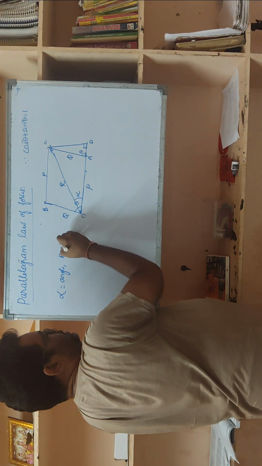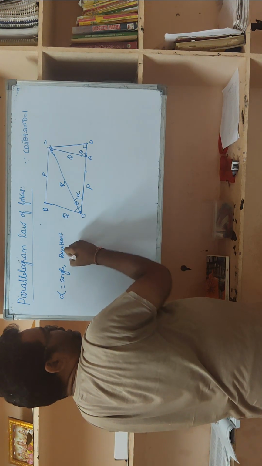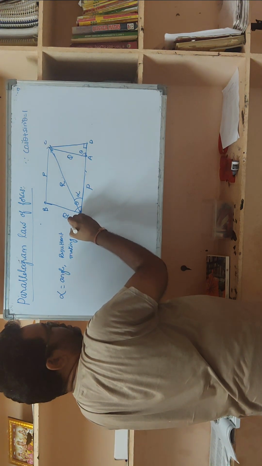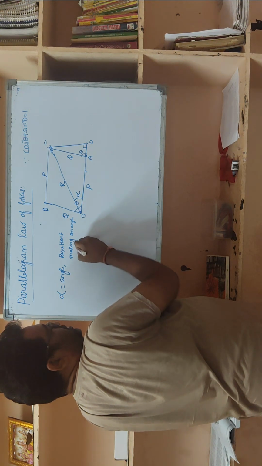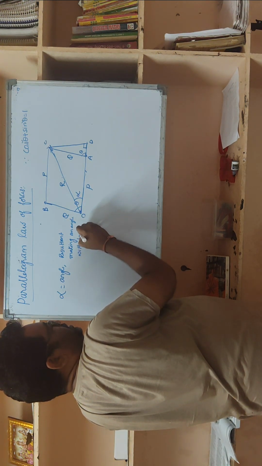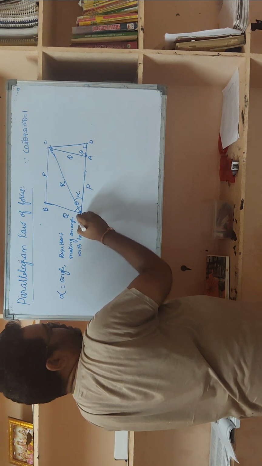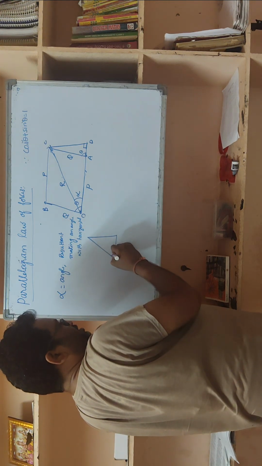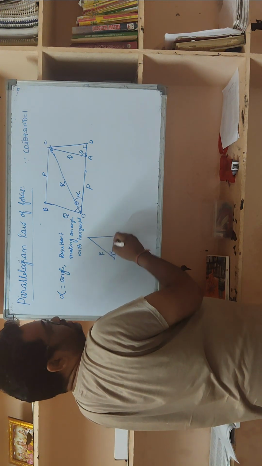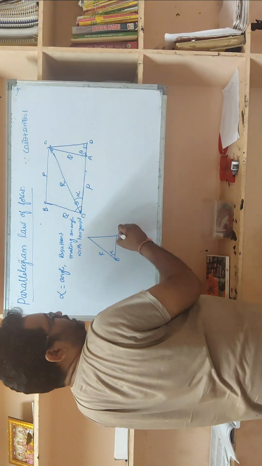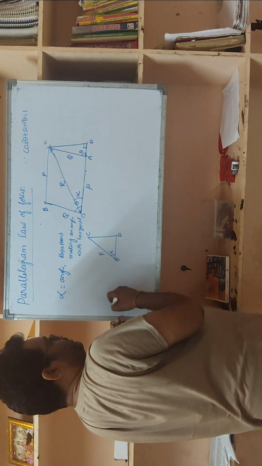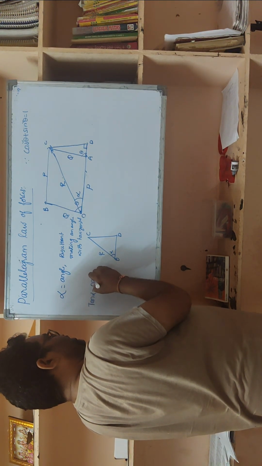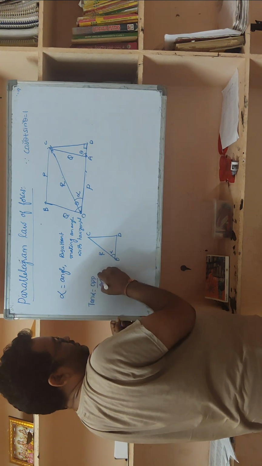Resultant making an angle with horizontal. So here is a right angle triangle with alpha, R, O, D and C. So tan alpha is equal to opposite by adjacent side.